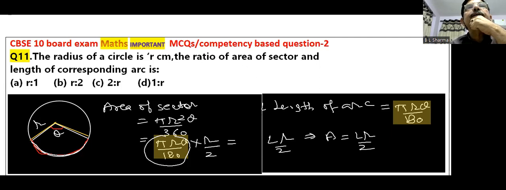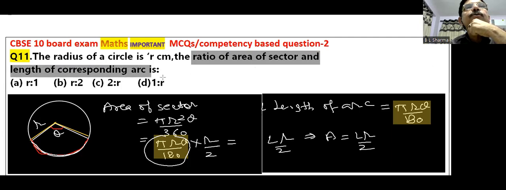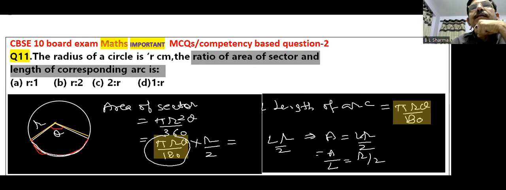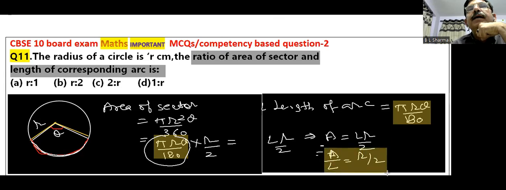अब क्वेश्चन में ये पूछा है कि what is the ratio of area of sector and length of corresponding arc. So therefore we can say that area upon length of arc, that is A by L, that is R by 2. So what is the relation between them?